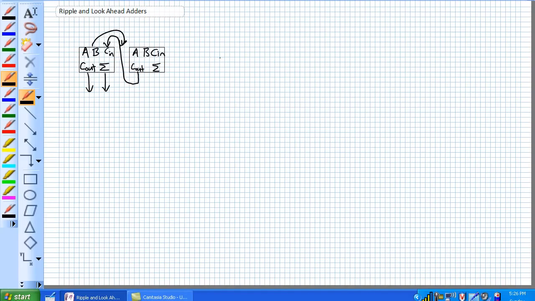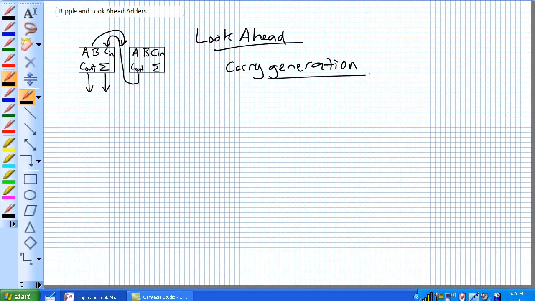First is carry generation. So this is for look ahead, we already talked about ripple. So look ahead anticipates the output carry of your previous stage, and it's going to generate the output carry using carry generation and carry propagation.